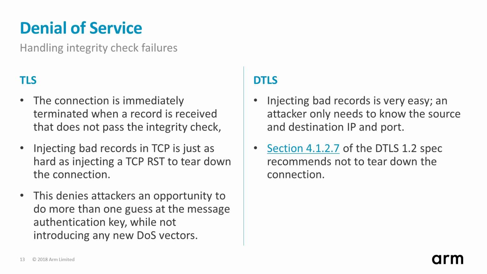For DTLS, the situation is different. An off-path adversary can easily send a fake record, since it only needs to guess the source IP address and source port of the legitimate sender. Hence, the DTLS 1.2 specification recommends not to tear down the session when receiving a record with a failed integrity check value.